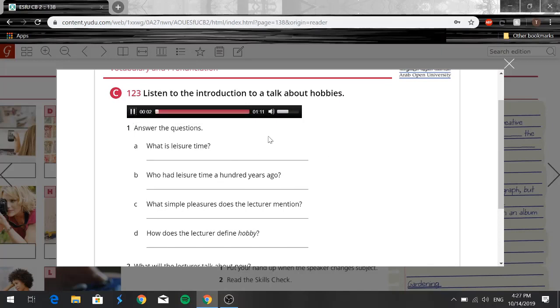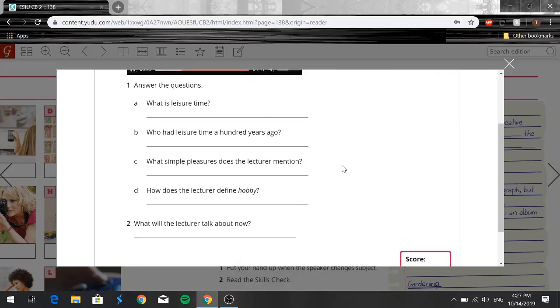Exercise C. Listen to the introduction to a talk about hobbies. In the modern age, people have a lot of free time or leisure time. That's time not working. Certainly more people have more free time than they did 100 years ago. Then only rich people had leisure time, while ordinary people worked very long hours. So how do people fill this leisure time?